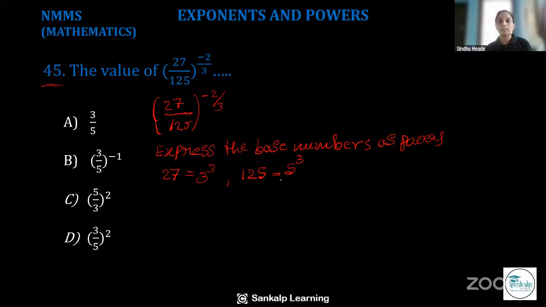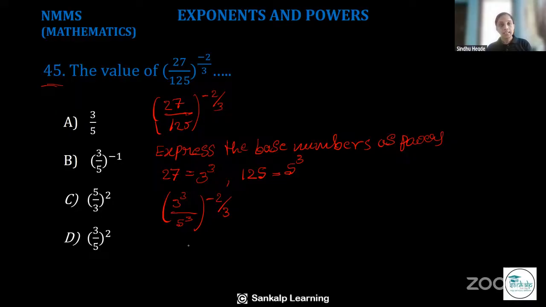Now the base number is converted into exponent and power form. Now substitute these two in the given expression. In the place of 27, we take 3 cube, divided by, in the place of 125, 5 cube, whole raised to minus 2 by 3.